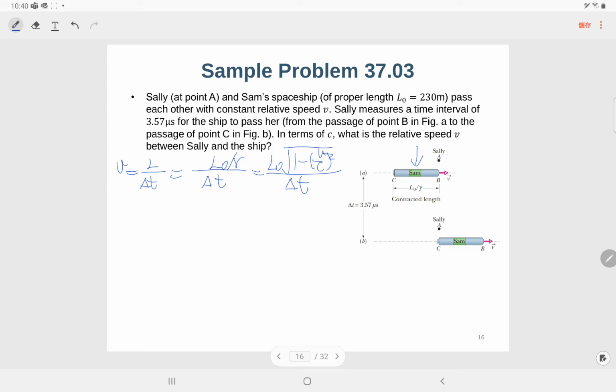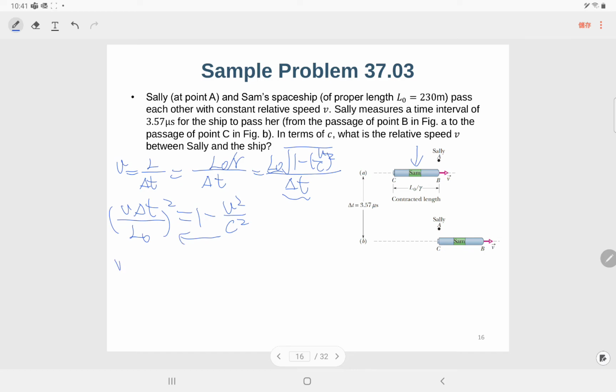We multiply this to the left side, and then take the square on both sides, which becomes 1 minus v squared over c squared. We move this to the left side and factor v squared out.